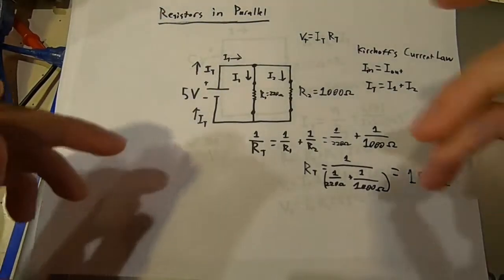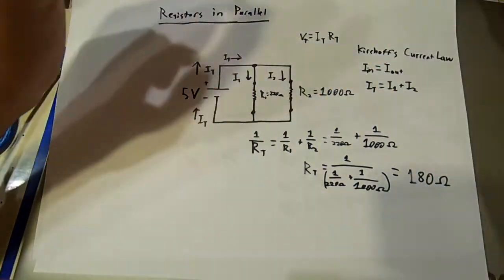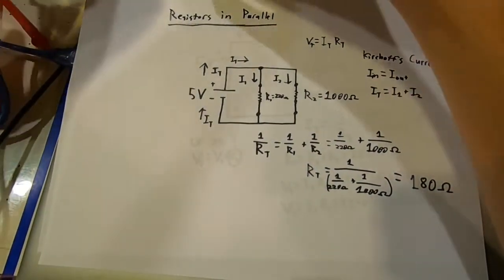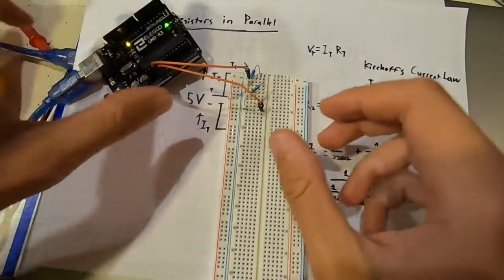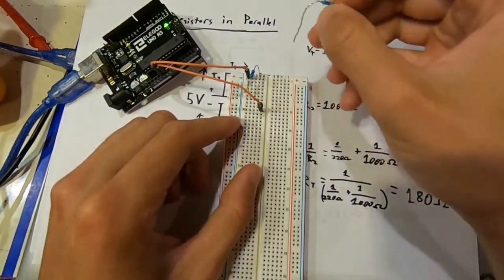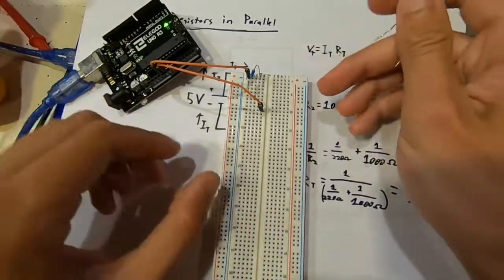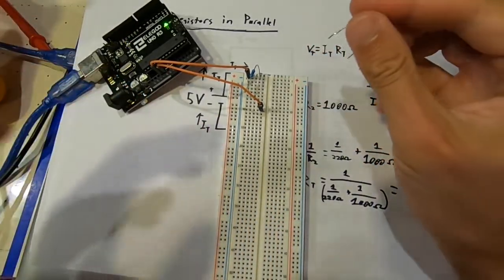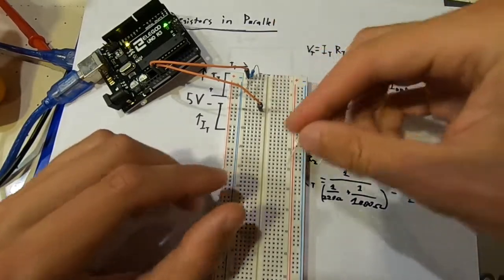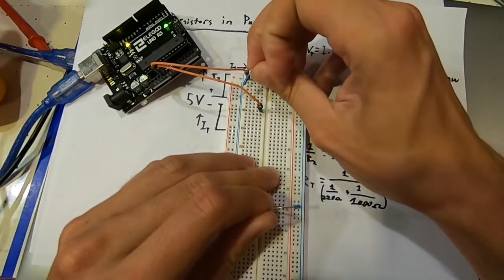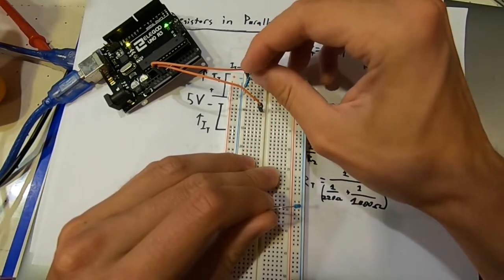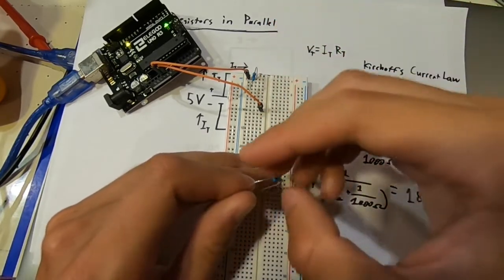Okay, so how do we set this up on our actual circuit? Again, any of these rows can be considered an individual wire. So this is just going to be as simple as putting all of the nodes on one row.